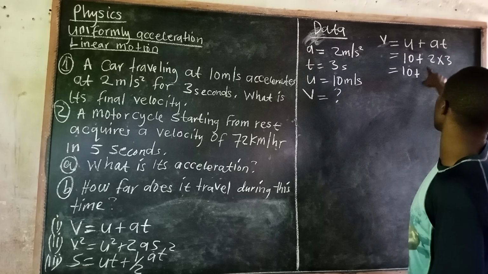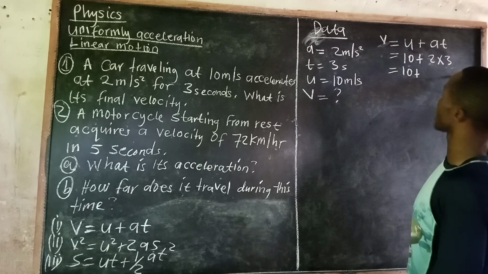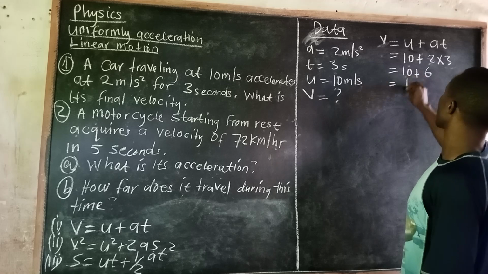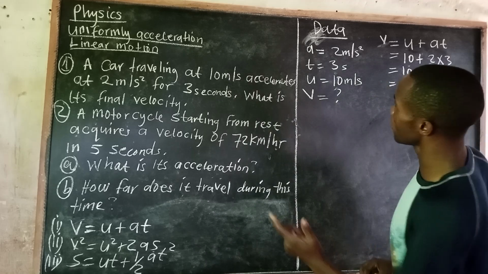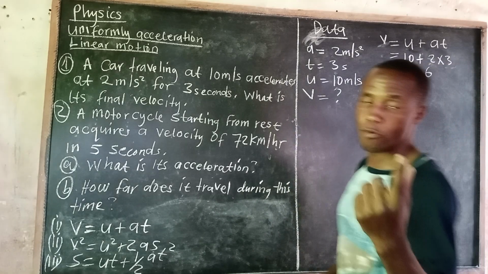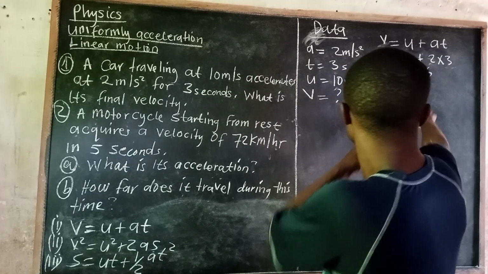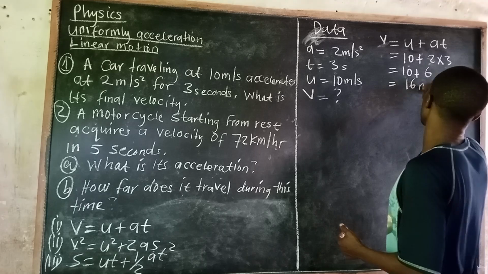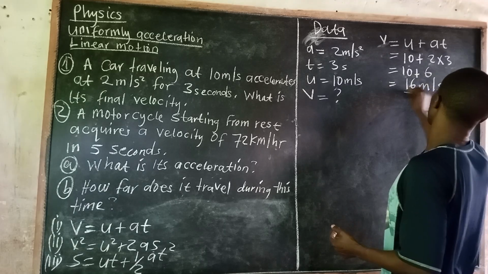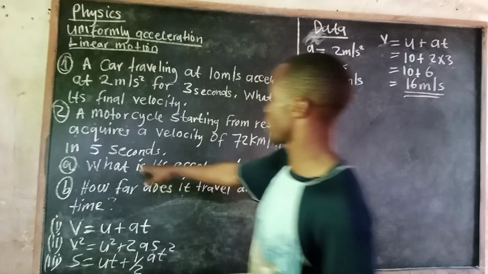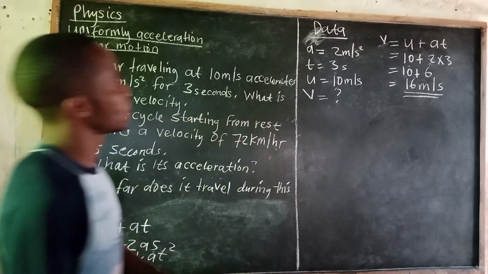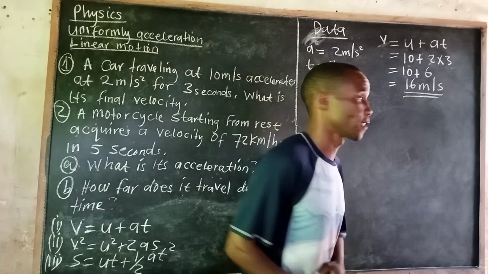Remember order of operations, we multiply first. So 2 times 3 is 6, and 10 plus 6 is 16. The SI unit for velocity is meters per second, so we've answered question number 1. The final velocity is 16 meters per second.